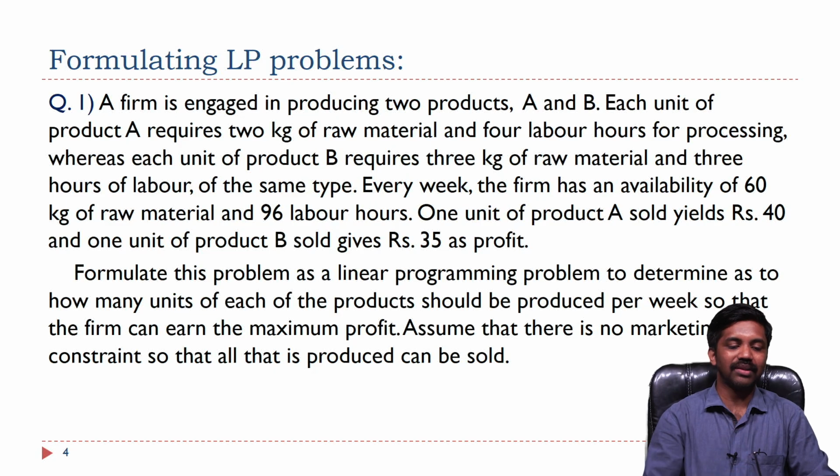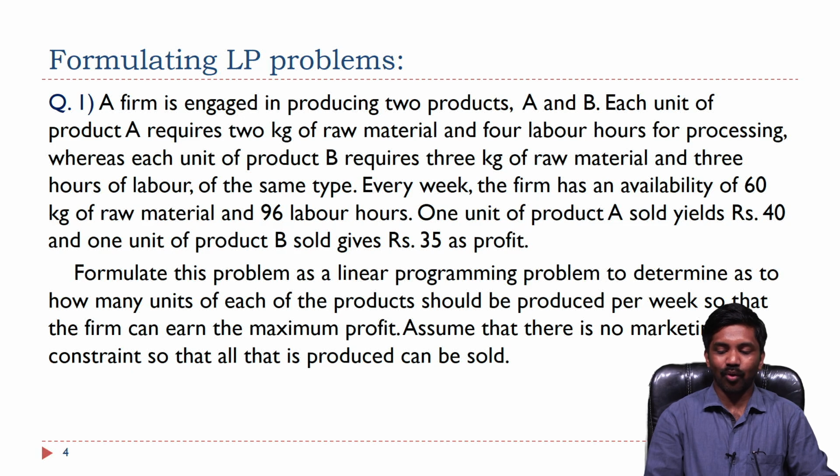The problem given is: a firm is engaged in producing two products A and B. Each unit of product A requires 2 kg of raw material and 4 labor hours for processing, whereas each unit of product B requires 3 kg of raw material and 3 hours of labor of the same type. Every week the firm has an availability of 60 kg of raw material and 96 labor hours.